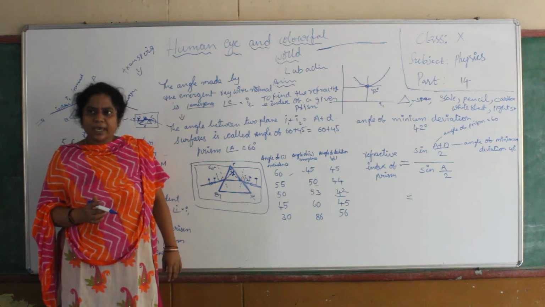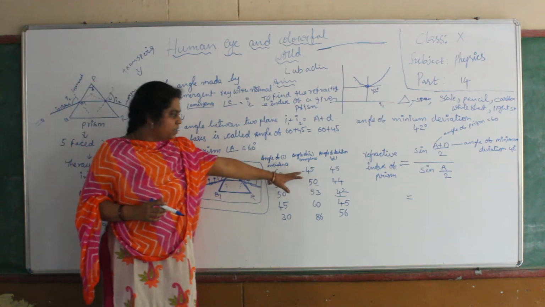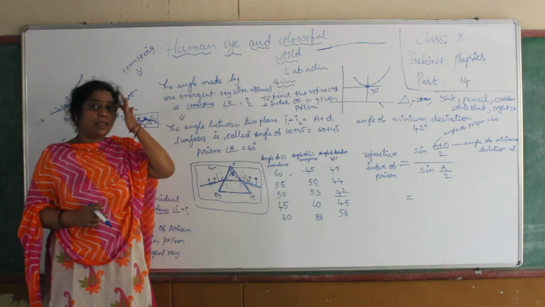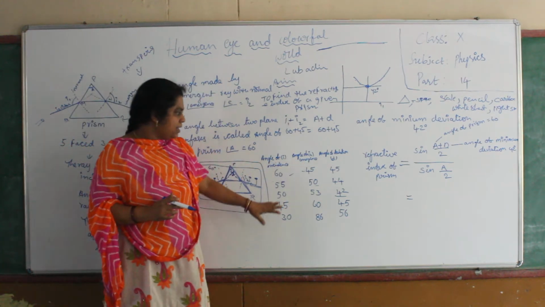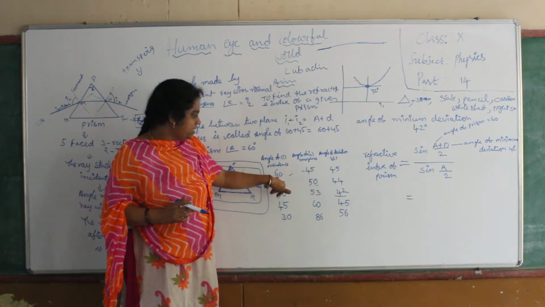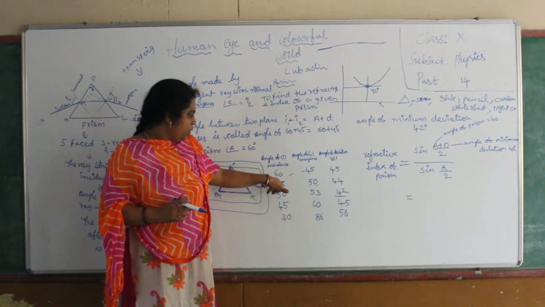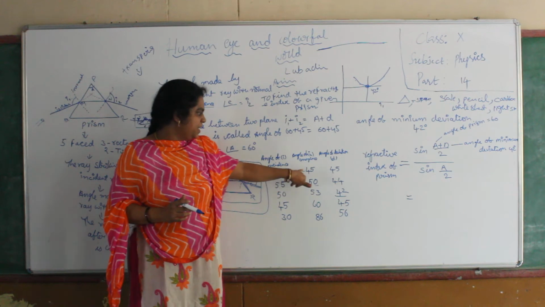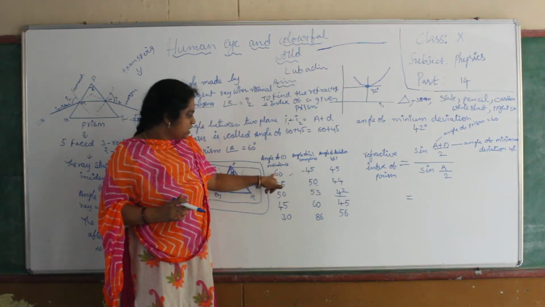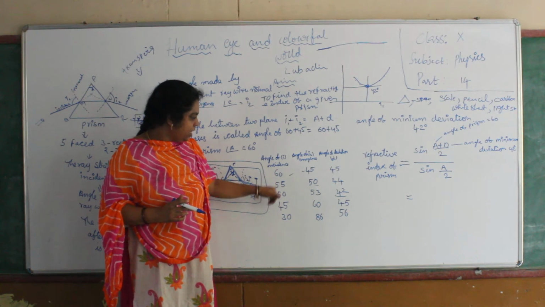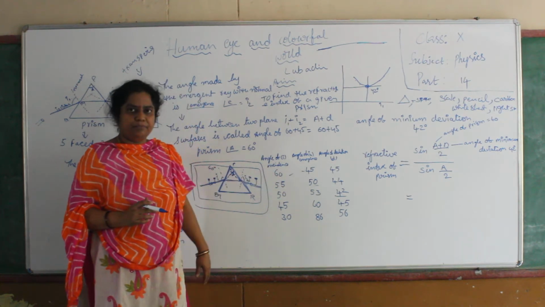After that, if you observe this, these are the angles I got. See here, initially when the incident angle is 60, the emergent angle is 45. So 60, 55, 50, it is decreasing here.